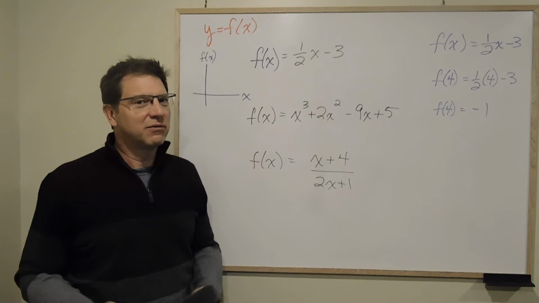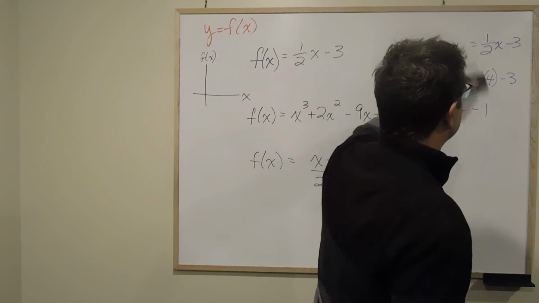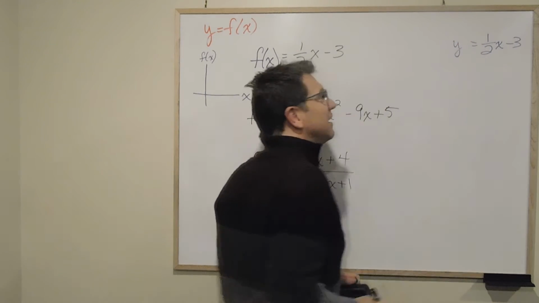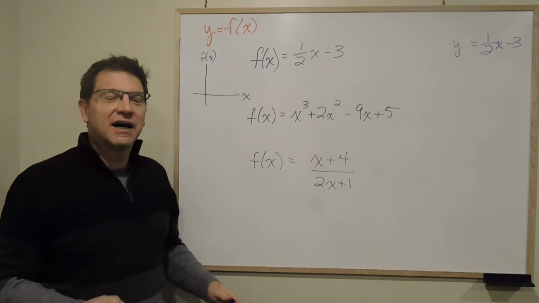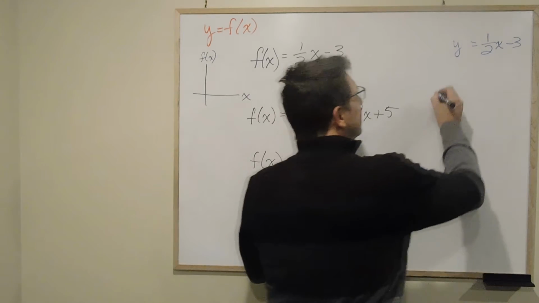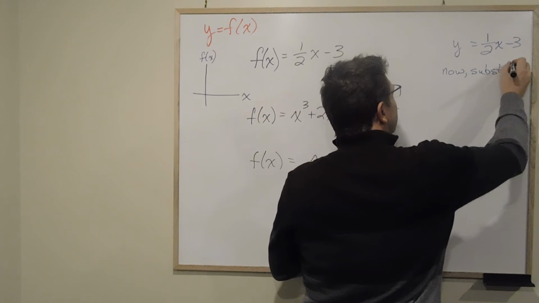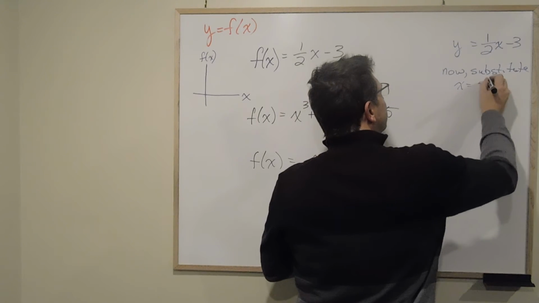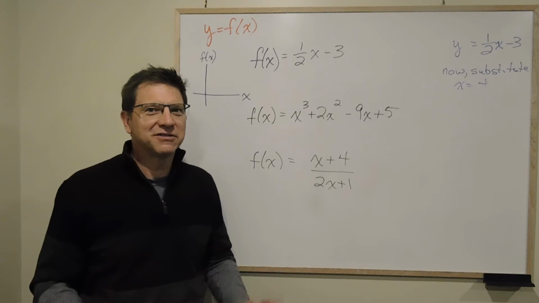Okay, and you're like, well, okay, whatever. The difference is this. If I did this, and I wanted to substitute in 4 for x, I would have to write down, now, substitute x equals 4, okay? And us mathematicians, we don't like too many words, right?